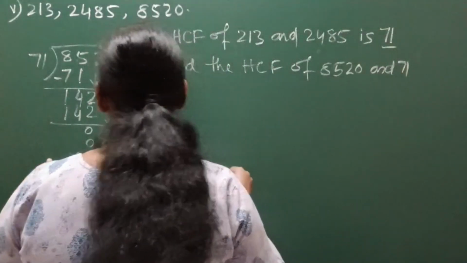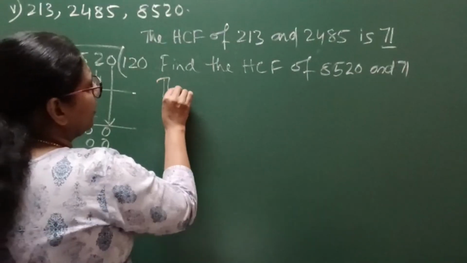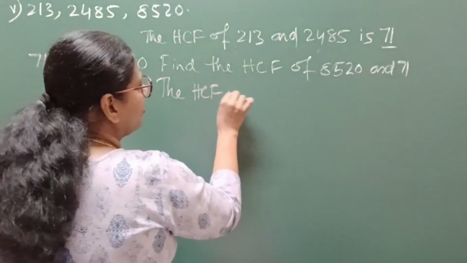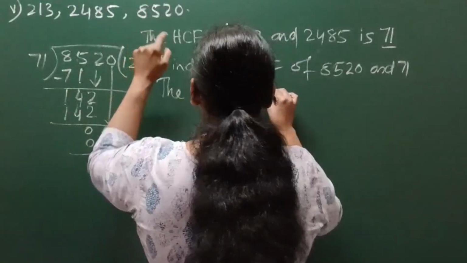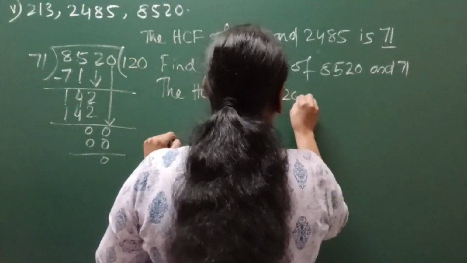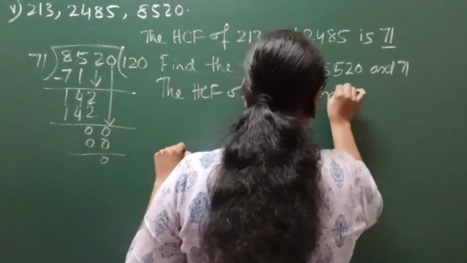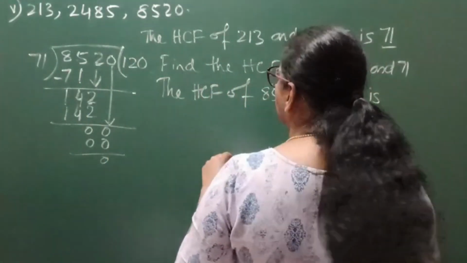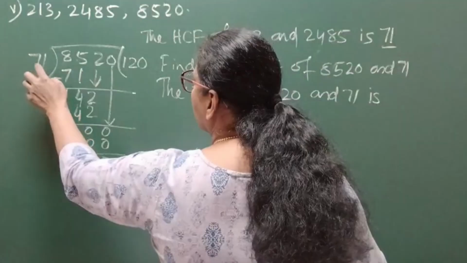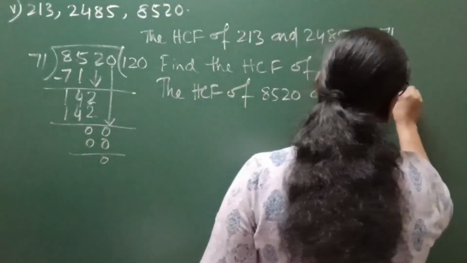Then we have to do this. After that, the HCF of 8,520 and 71 is again 71.